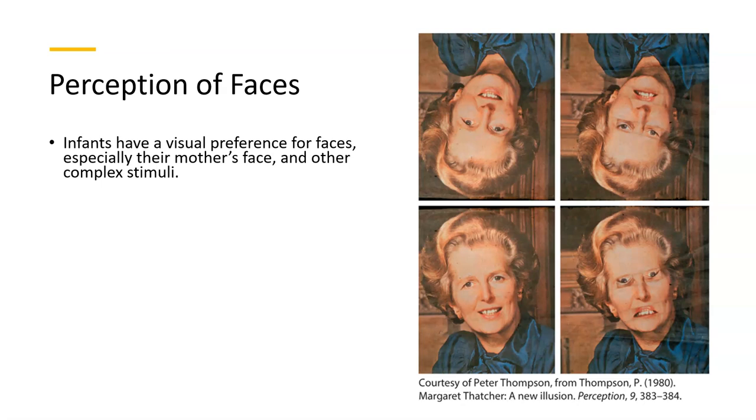Infants, not so much. The faceness organization is still present, but the fine-grained parts, like the upside downness of the eyes, the upside downness of the mouth, is not something that infants are going to be able to determine.